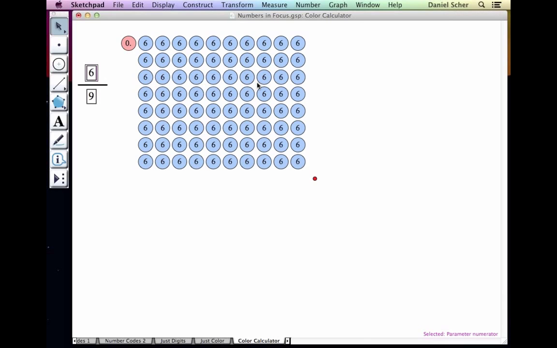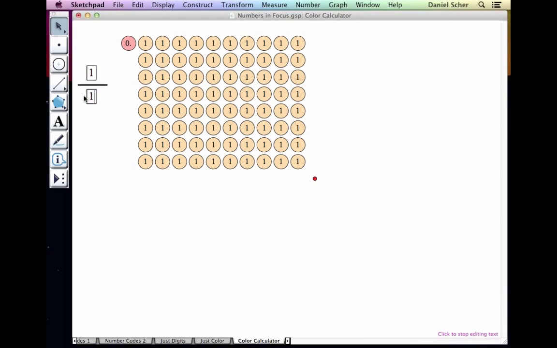We can have them look for fractions like 1/7 that repeat a sequence of digits over and over again. Can they find a fraction that has a really long set of digits and colors that take a while before they start repeating? So if we try something like, how about 1/17?